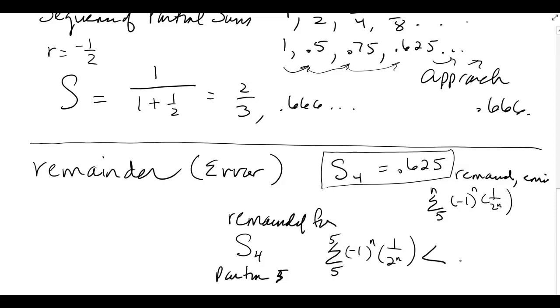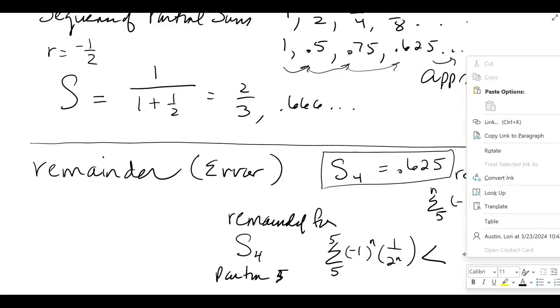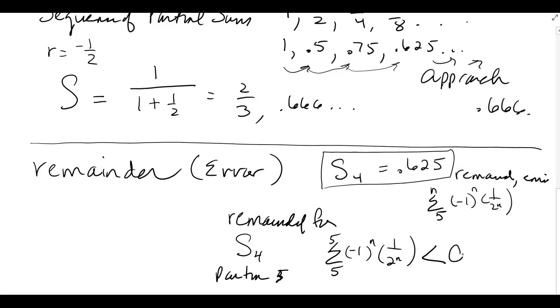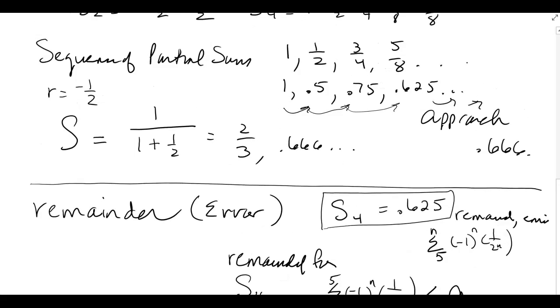That entire remainder is going to be less than whatever a sub 5 actually is, whatever the fifth term actually is. And we can calculate the fifth term of this series.